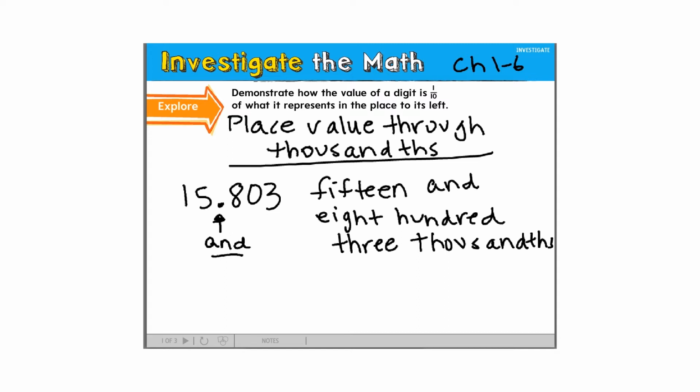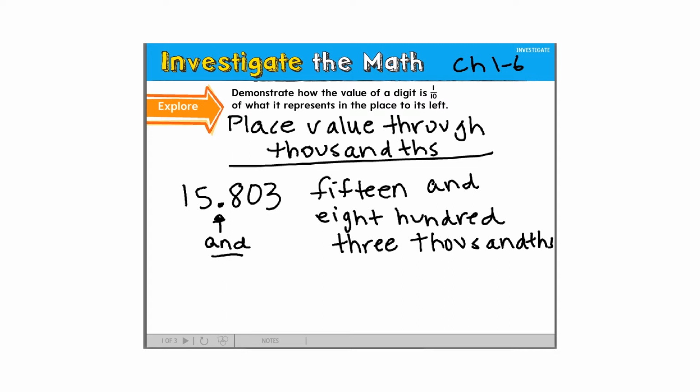There can only be one decimal in a number. And you want to make sure that if you're writing it, you write it correctly. So if you're saying 803, you can't have that and in there. Sometimes we have that habit of saying and in the middle of a hundreds number like that. So 15 and 803 thousandths would be the word form of that number.